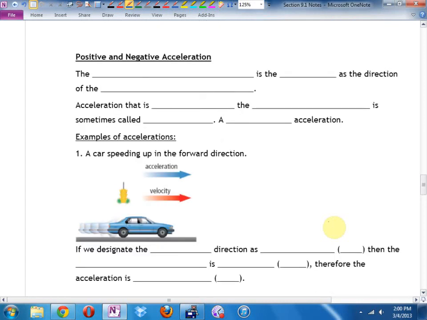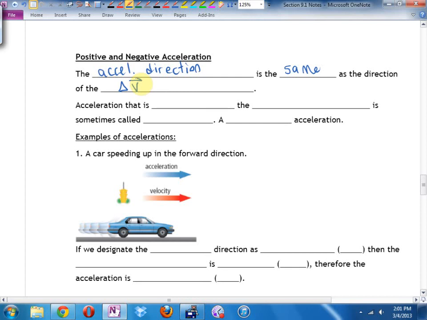Positive and negative acceleration. The acceleration direction is the same as the direction of the, if I write delta V, what does that really mean?